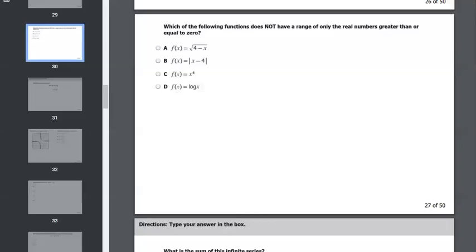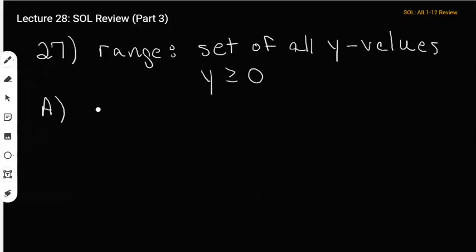And then it gives us a bunch of functions. So let's look at A, square root of 4 minus x. What we're going to do with these is graph them, and look at the range of each function.